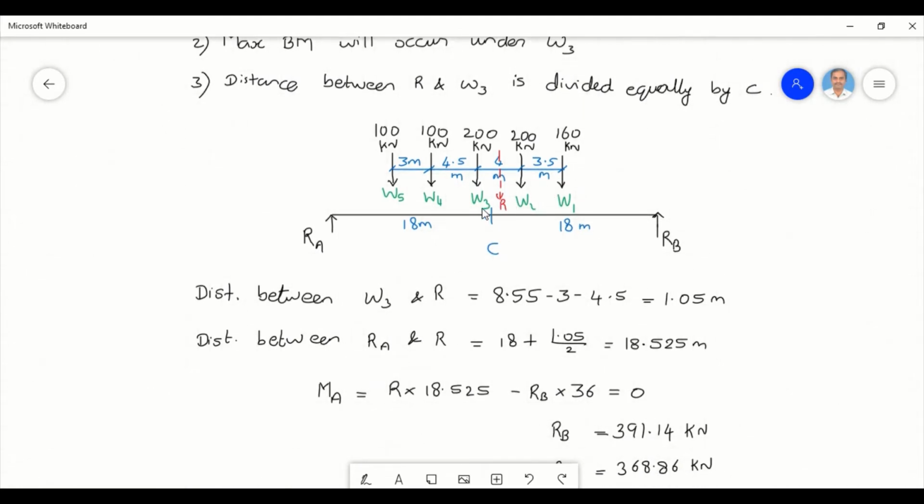So we have kept this moving load such that W3 and R, they are placed equally about C. The distance between W3 and R is split into two halves by C.